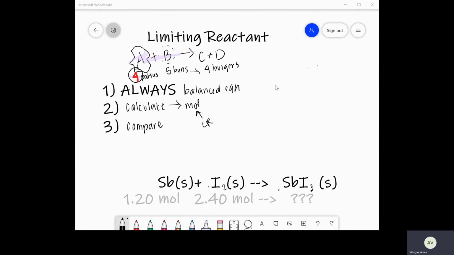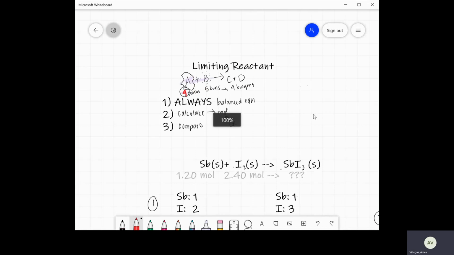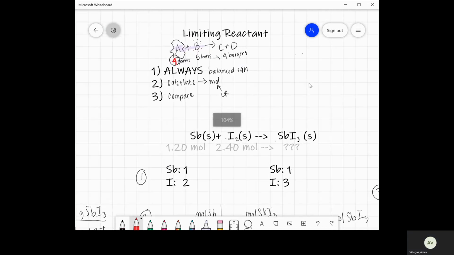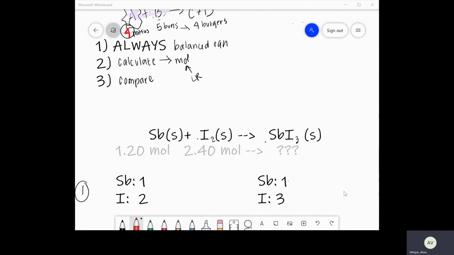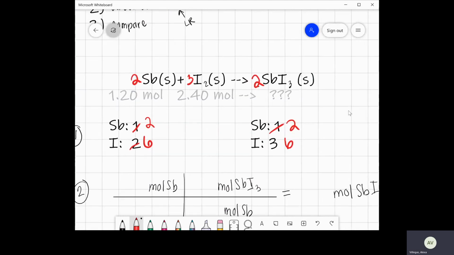First, this is not balanced, so we have to take care of it. And next, we have to calculate for the limiting reactant.